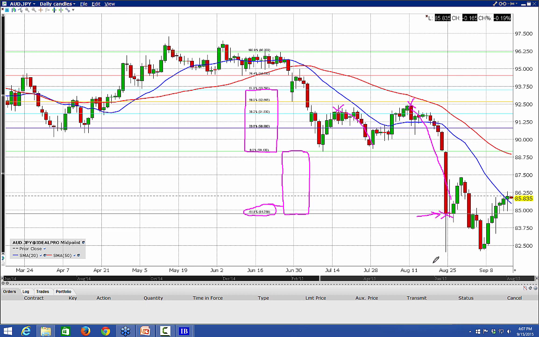I don't think that was coincidence. I think there's reasons behind that. There was profit taking that started to take place, because if you were bearish on the currency and you get that big dramatic move in your favor, you're inclined to want to take some money off the table. Gives you very effective, efficient levels to work off of.